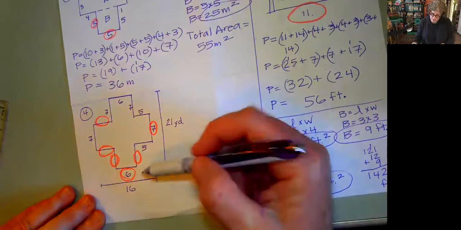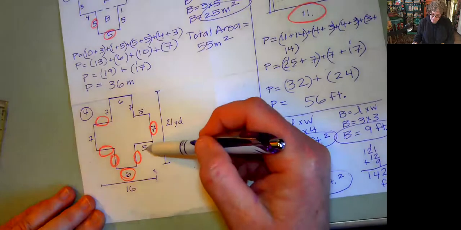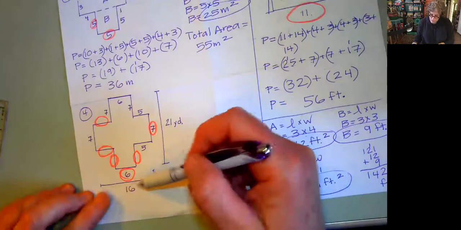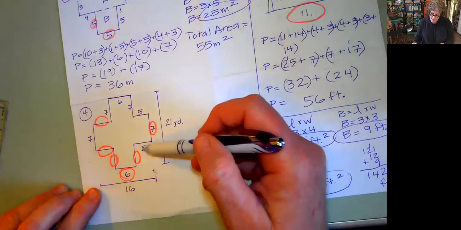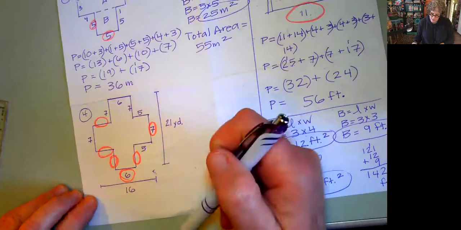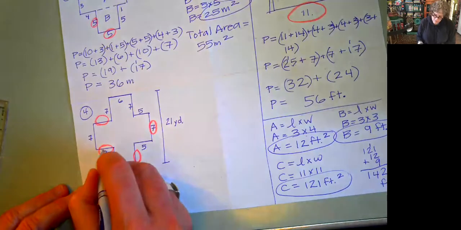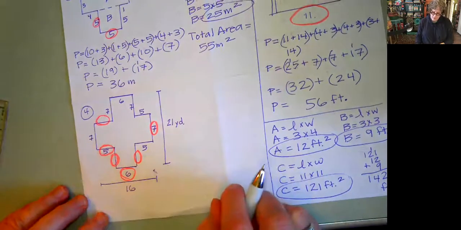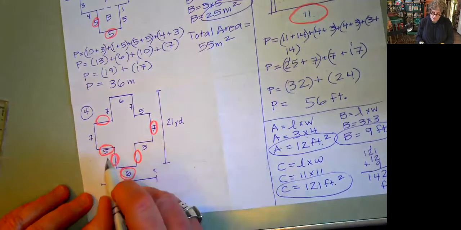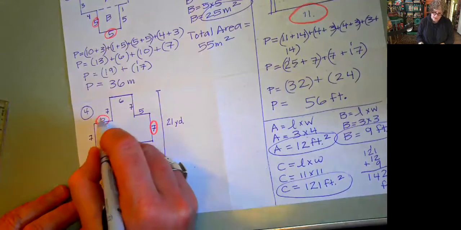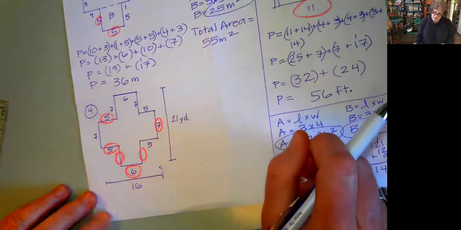So if I know that this is 5 wide and this is 6 wide and the whole thing is 16, this is 11, and 16 minus 11 means this is going to be 5. Now if I know this is 5, I know this is 5 because they're the same length.